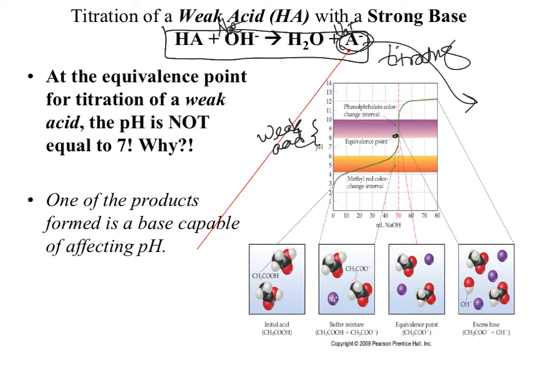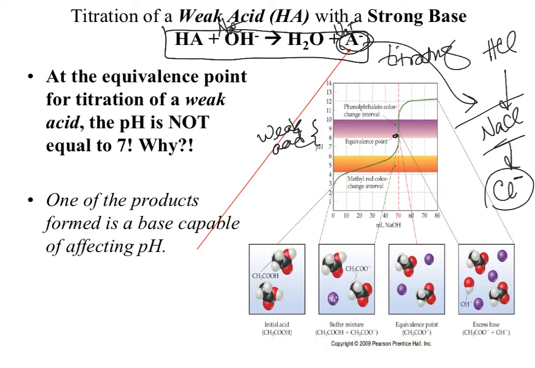Just for comparison, if we're titrating a strong acid with a strong base, the salt product might be sodium chloride, for example, because chloride comes from a strong acid, HCl. This chloride cannot change the pH of water. It'll just sit there as a spectator.